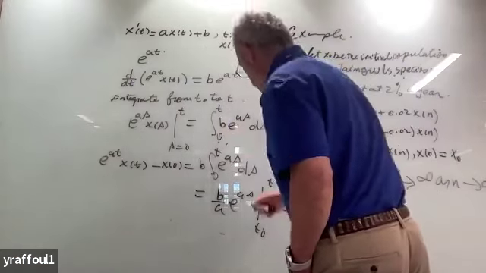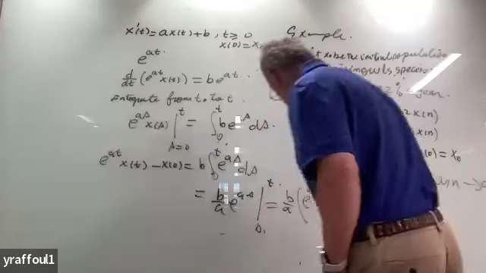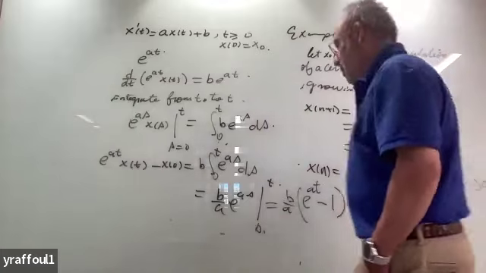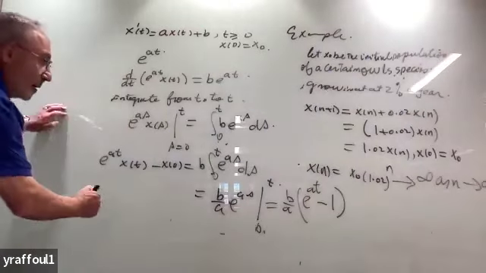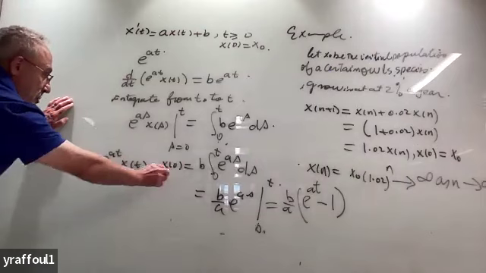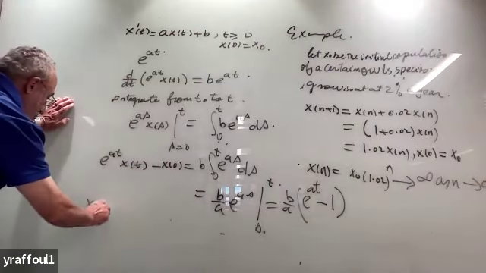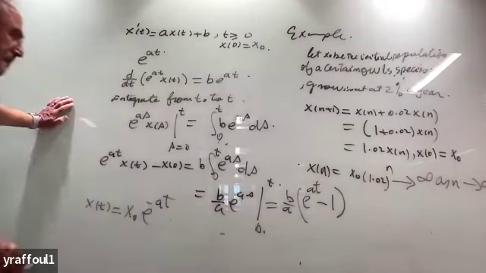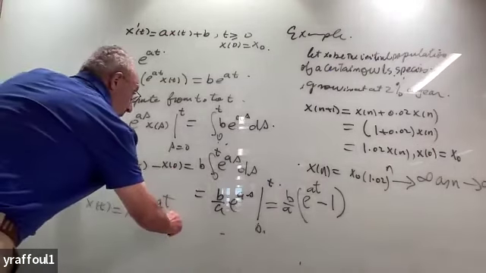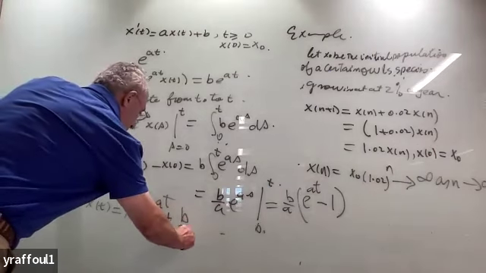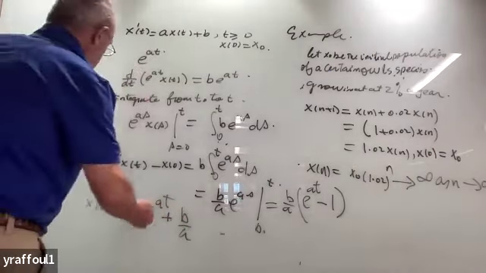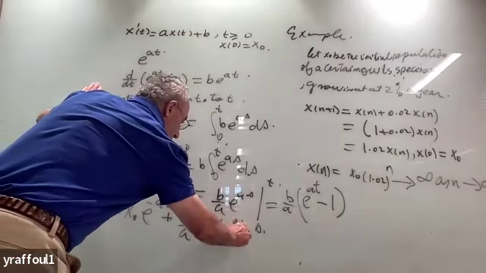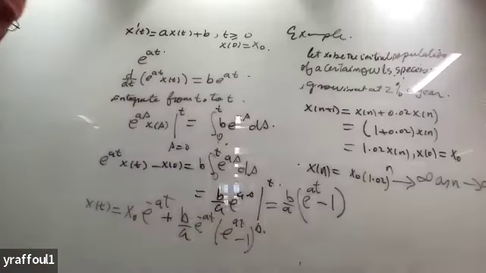So 0 will be minus 1. So what we have is, so we have this one. So x of t equal x naught e to the at plus b over a times e to the at minus 1. Look at that.